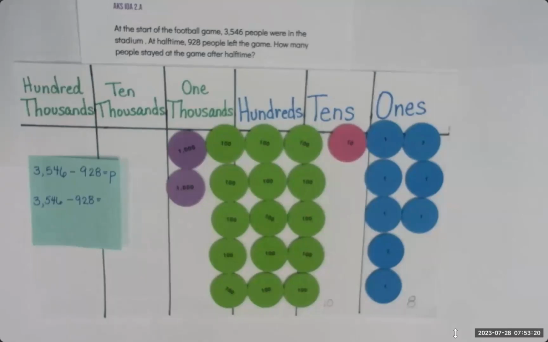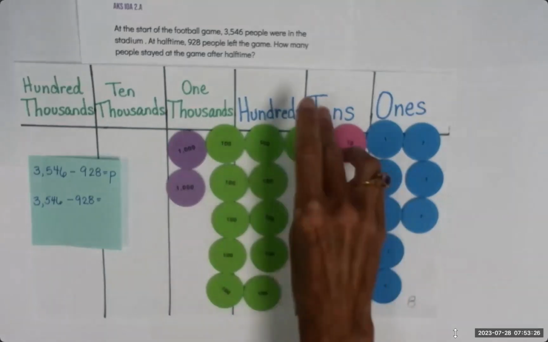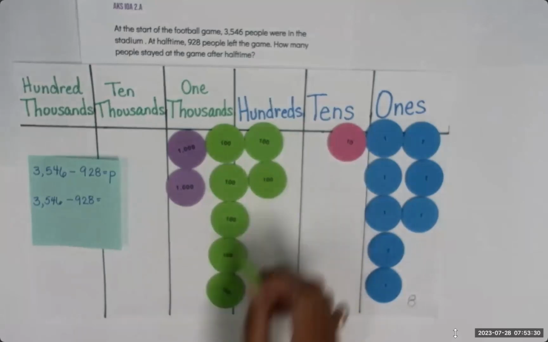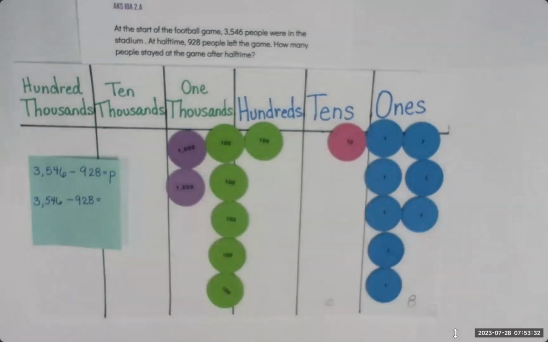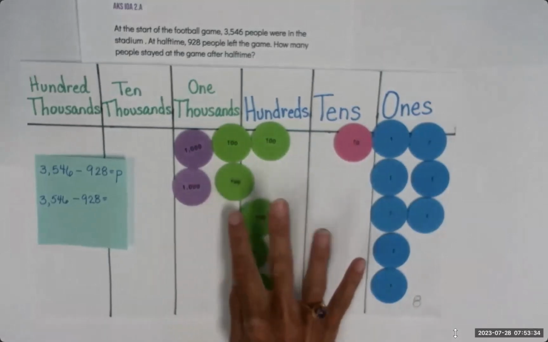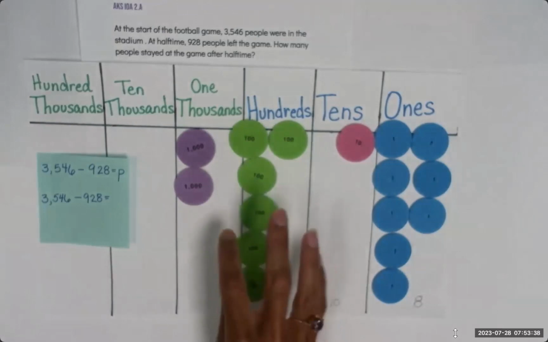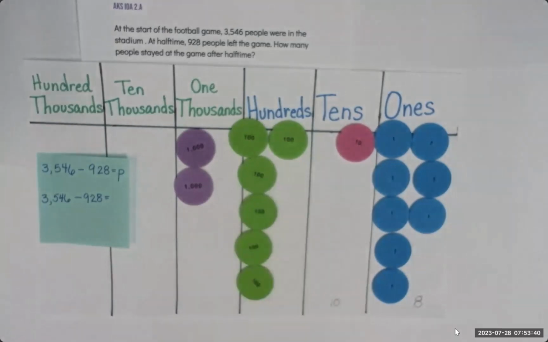I'm going to subtract that 900. So 1, 2, 300, 400, 500, 600, 700, 800, and 900. All right, so now I see that there are 600 left in this area.